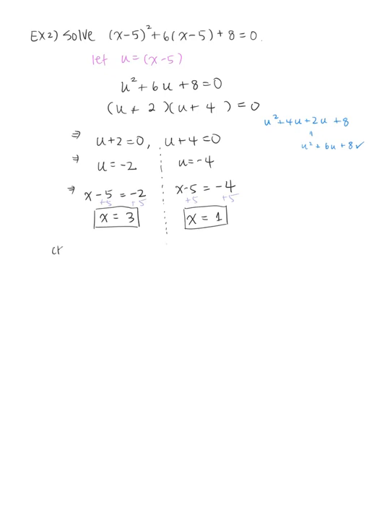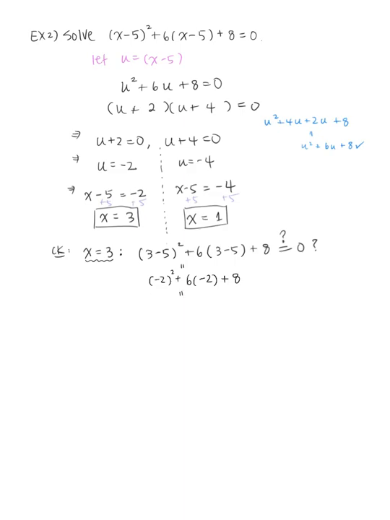So let's do it. All right, so when x equals 3, we're going to plug that value into the original equation. So the question is, 3 minus 5 squared plus 6 times 3 minus 5 plus 8, is it going to equal 0? All right, we got this. So we get negative 2 squared plus 6 times negative 2 plus 8.